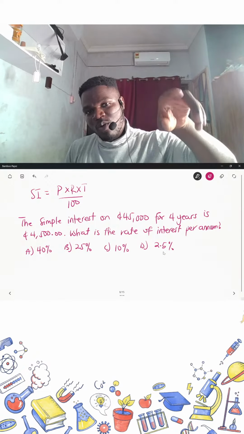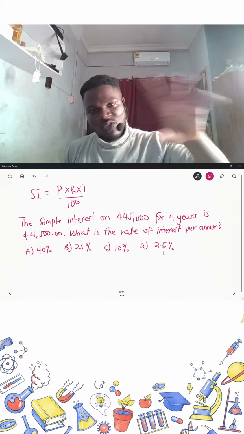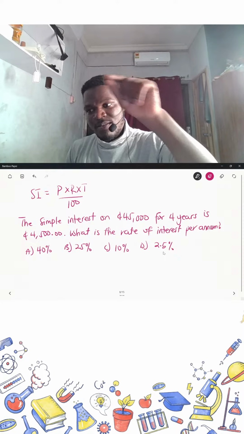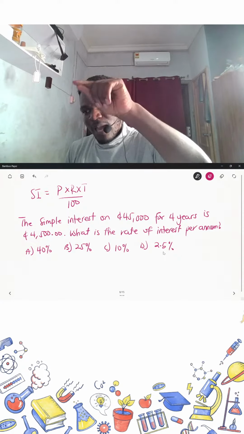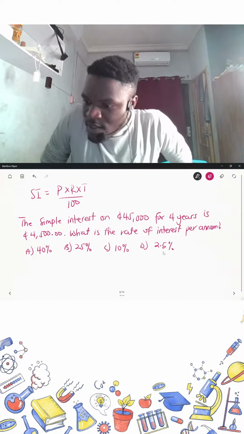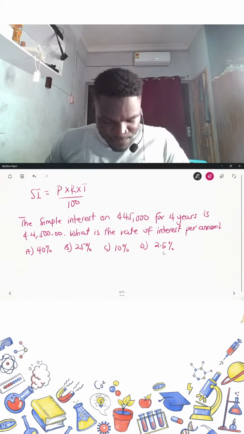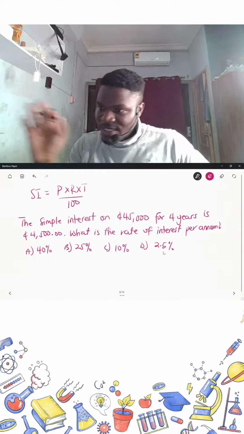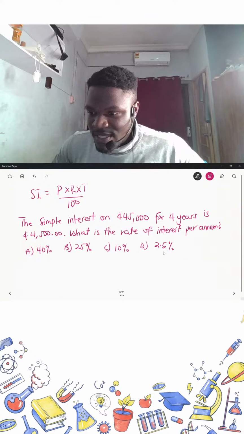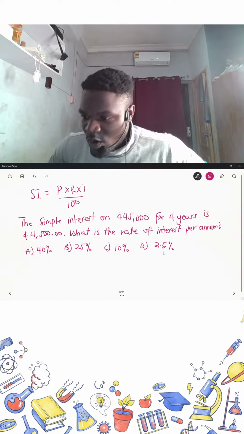So the whole expression will be 4,500 is equal to 45,000 multiplied by R times 4, all divided by 100. So you just solve for R. If we do that, what are we getting? The value you get, just add a percentage to it. So is it 40%? Is it 25%? Is it 10% or is it 2.5?